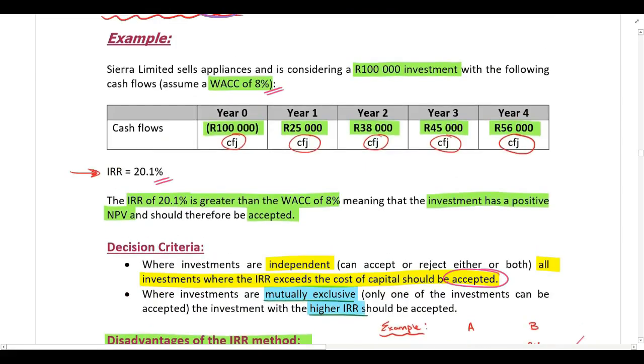If we go above, what the internal rate of return method assumes is that these cash flows that we receive in year 1, 2, 3, and 4, all of these cash inflows that we receive as a result of this investment, can be reinvested at a return equal to the internal rate of return. Meaning, when I receive these cash flows, it assumes that I can reinvest those cash flows at a return of 20.1%. That is what the internal rate of return method assumes.